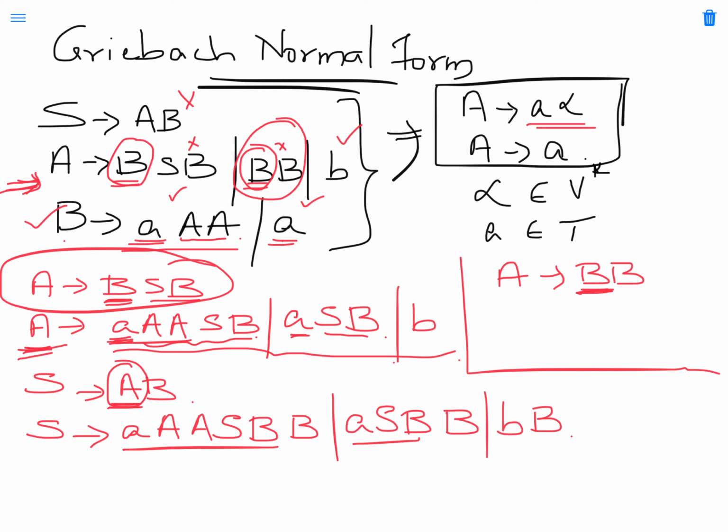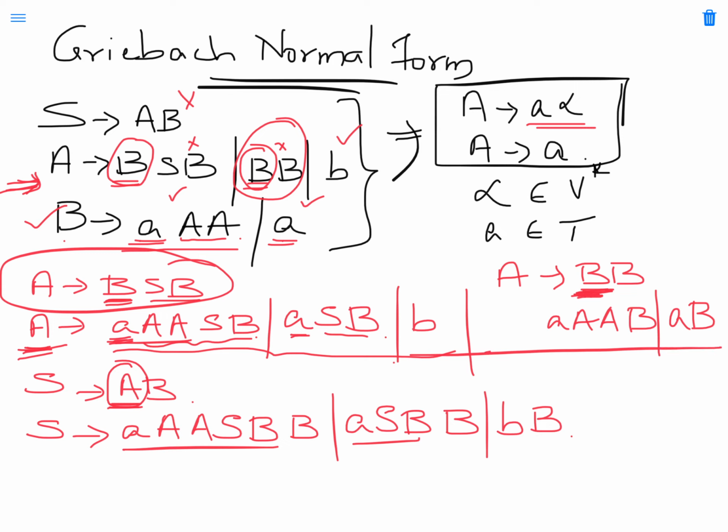So what you have to do is substitute the right hand side of B in place of this B. So you can write it like A gives A, sorry, A, then B, and A, B. Okay, so consolidating it, you will be getting two more productions for B, that is these two productions.